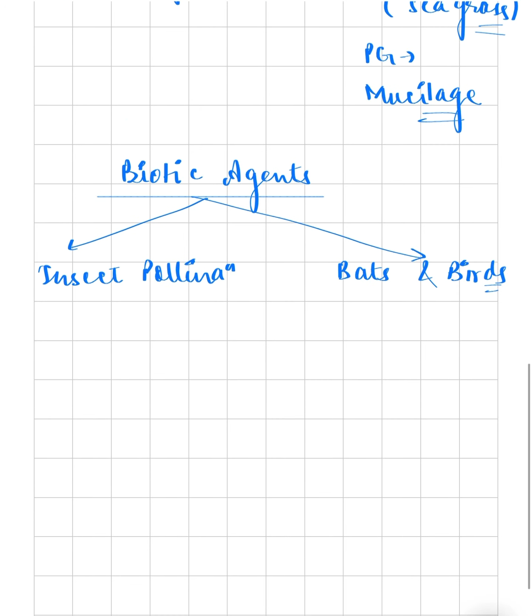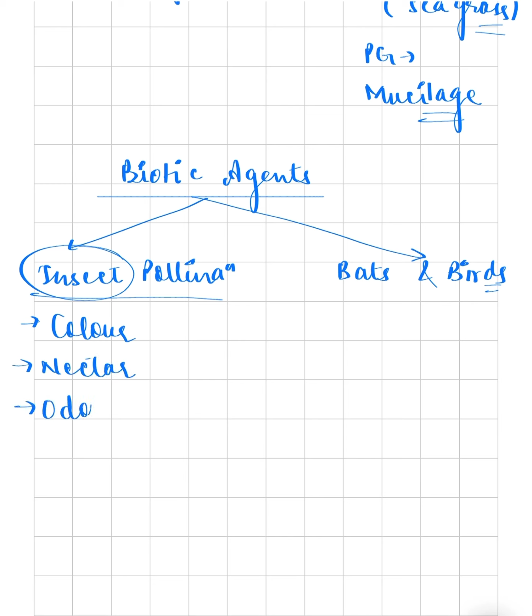In insect pollination, there are certain special features such as insects generally attracted by color, by nectar and odor of the flower, the smell of the flower. Here the pollen grain should be sticky.